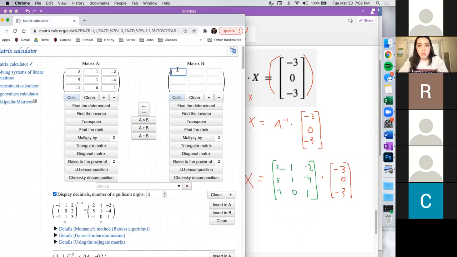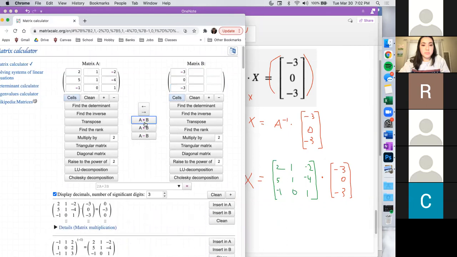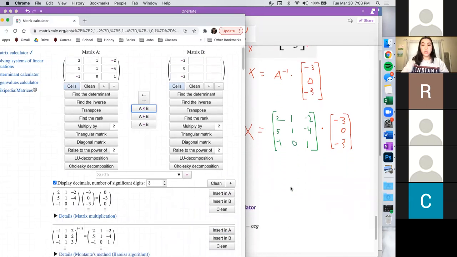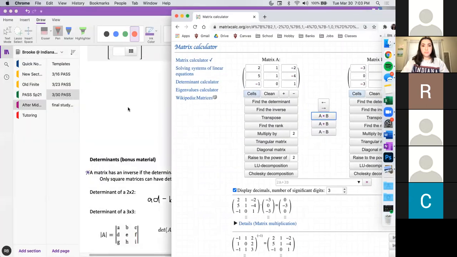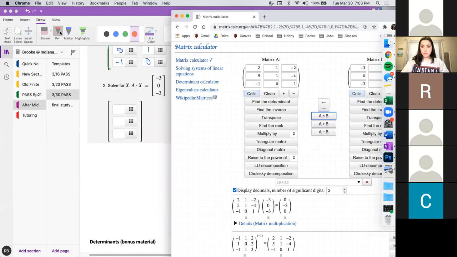And then I'm going to put in this guy in red over here. Say A times B. And here's my answer. So X is going to equal 0, -3, 0, which is correct. I checked it earlier. So that's how to do that one. 0, -3, 0.